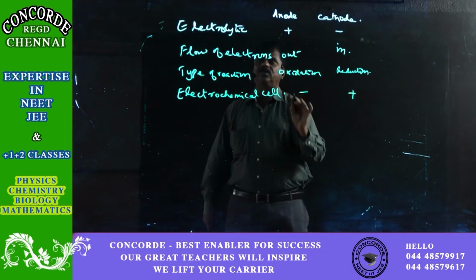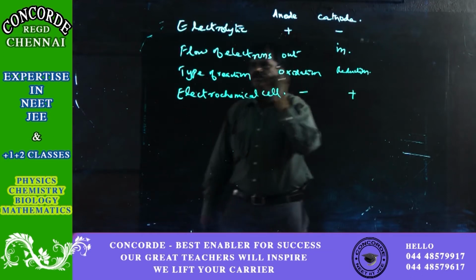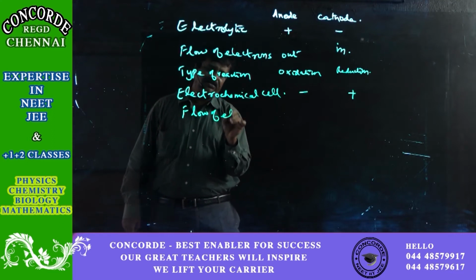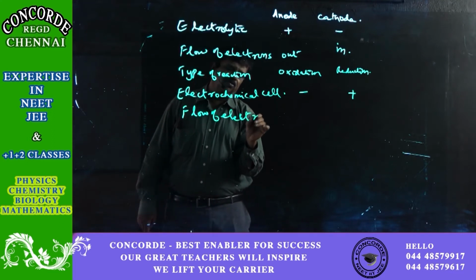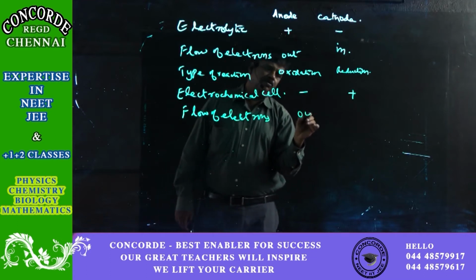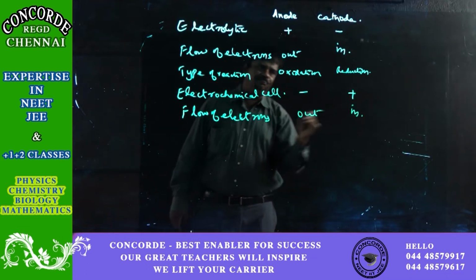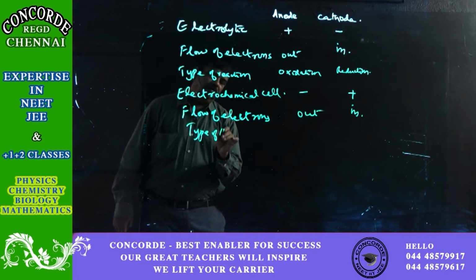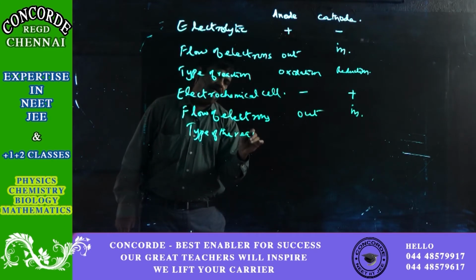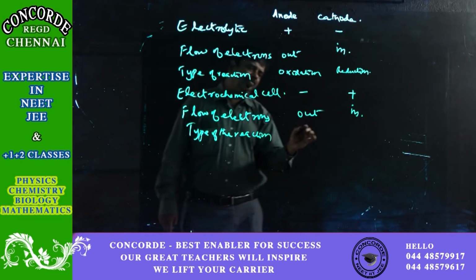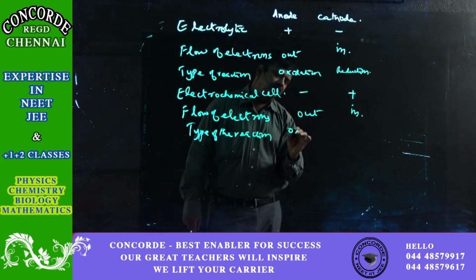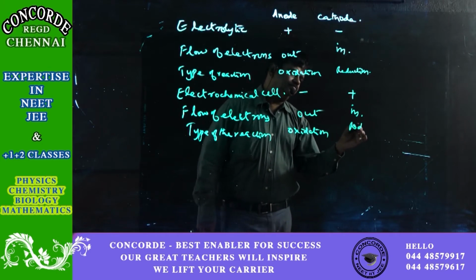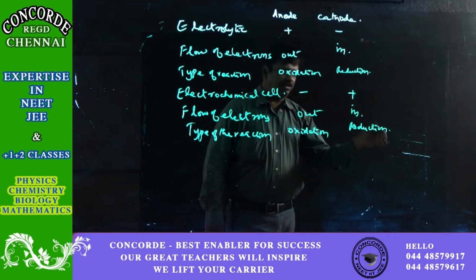So this is a small difference between the two, otherwise the flow of electrons is the same, because electrons are going out from the anode and coming in at the cathode, and the type of reaction is also the same: oxidation at the anode and reduction at the cathode.